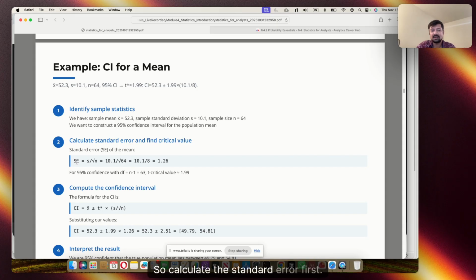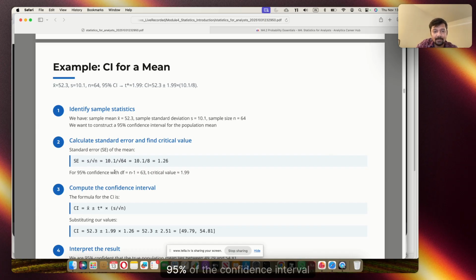So calculate the standard error first. You have the standard deviation and the sample size. From these, 10.1 divided by 8 is 1.26. So 1.26 is your standard error.